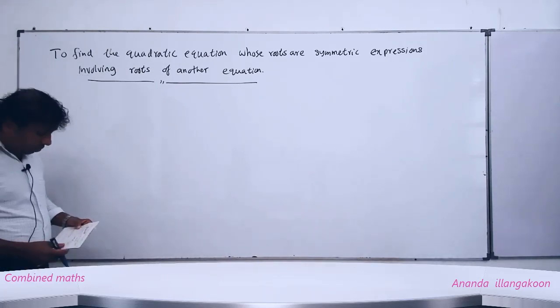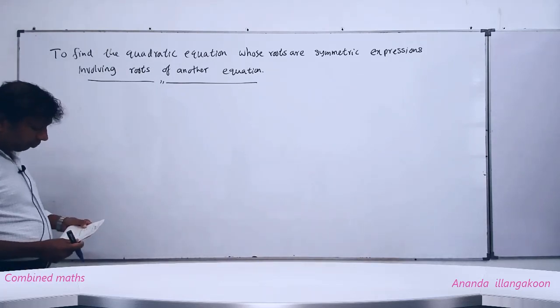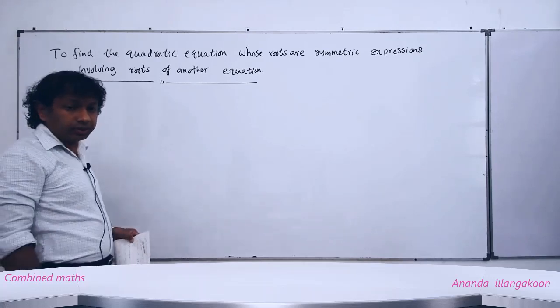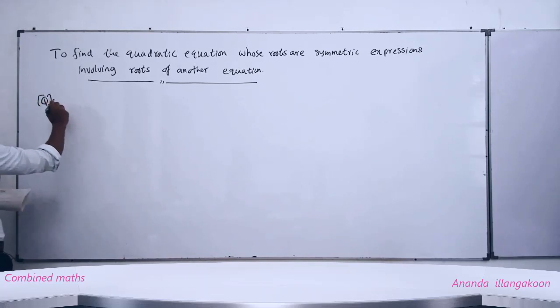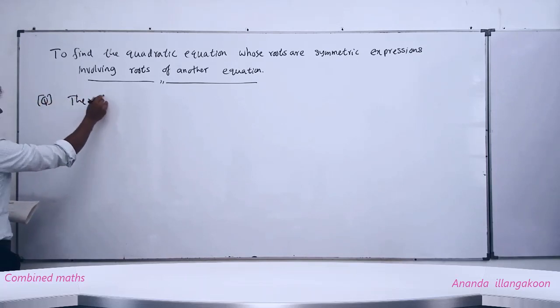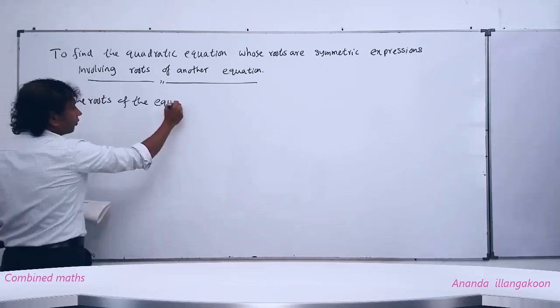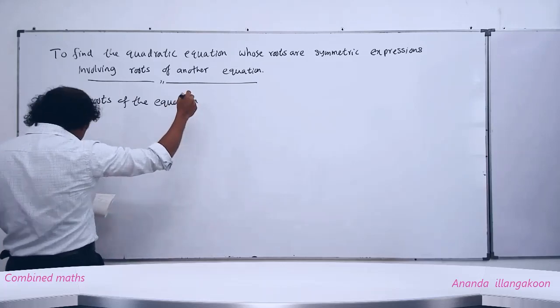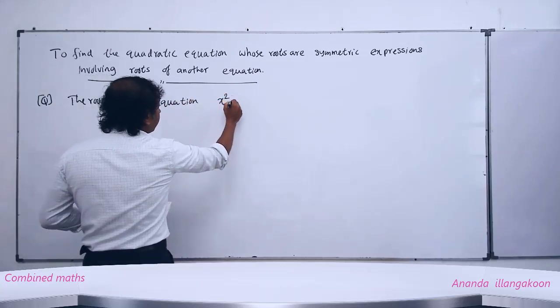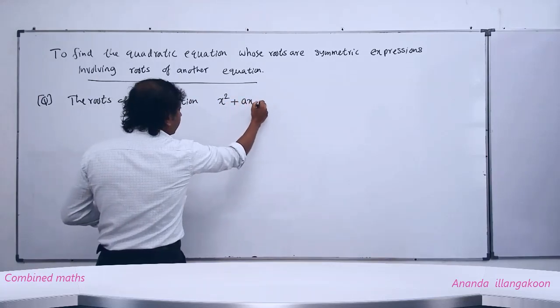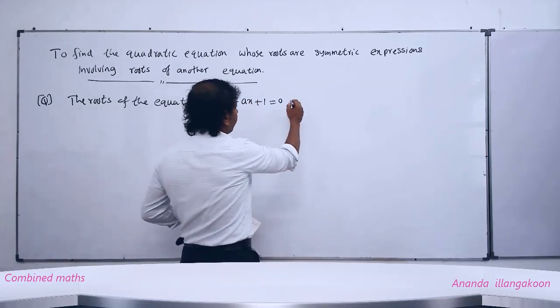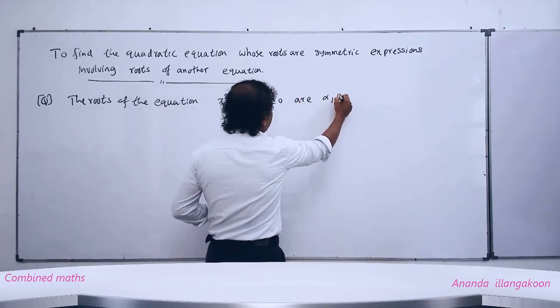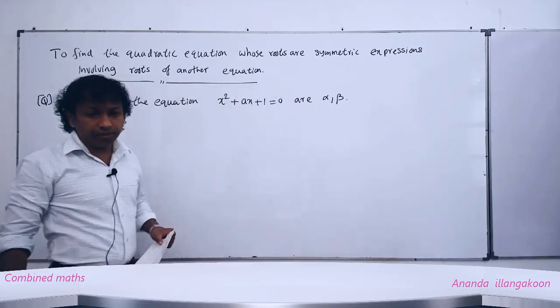We'll write one question like this. This is the question. The roots of x squared plus ax plus 1 equals 0 are alpha, beta.